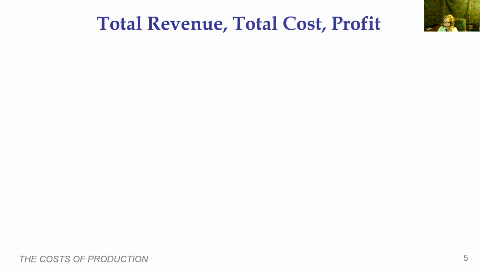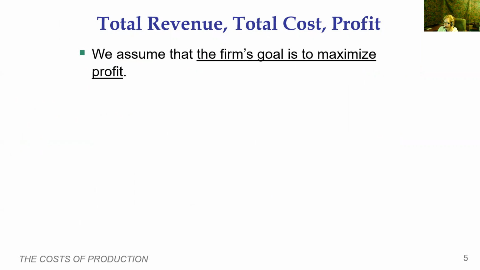All right, so we have total revenue, total cost, and profit, as I introduced in the very first slide. So we're going to first say that a firm's goal is to maximize profit.